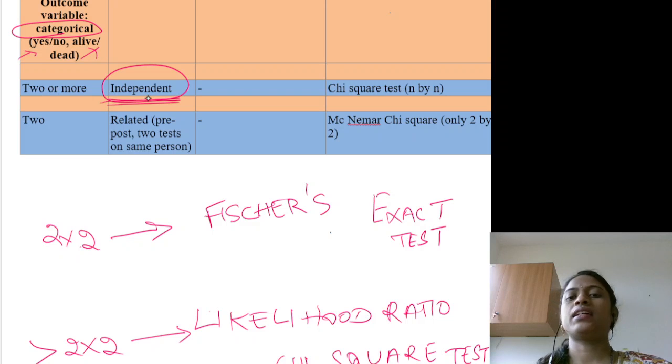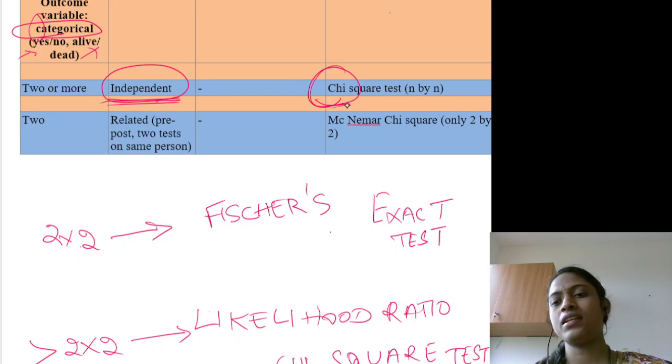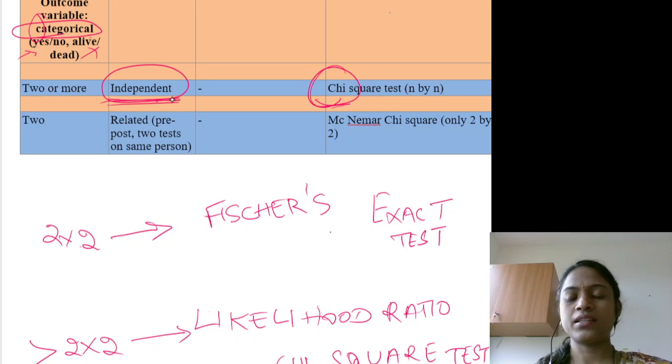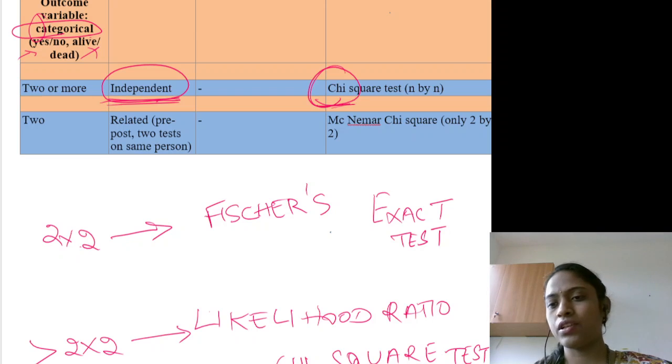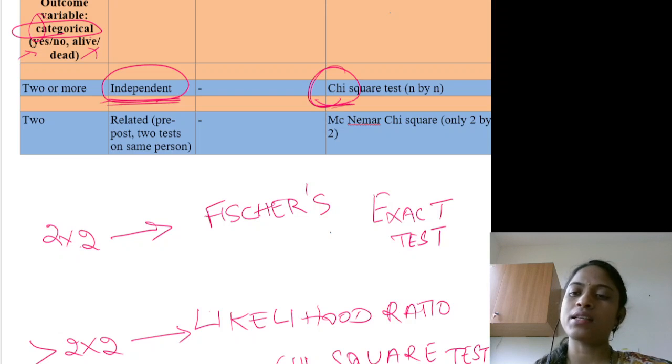If the groups are independent, then we will use the chi-square test. Just remember categorical, C, with chi-square, C.